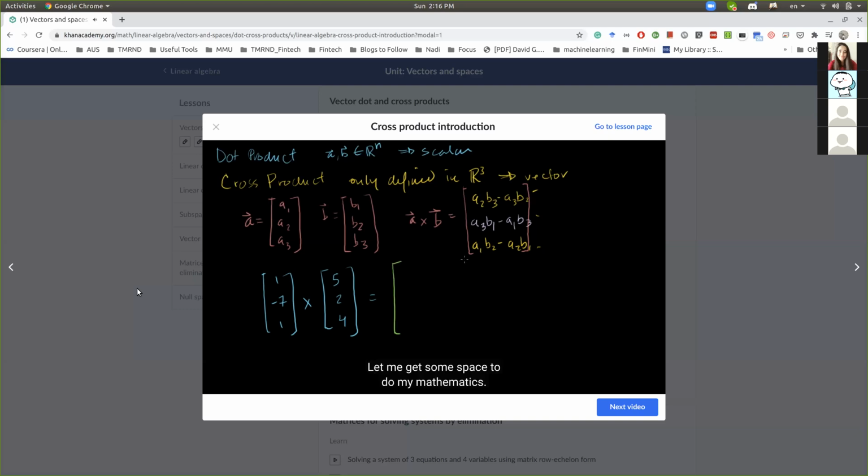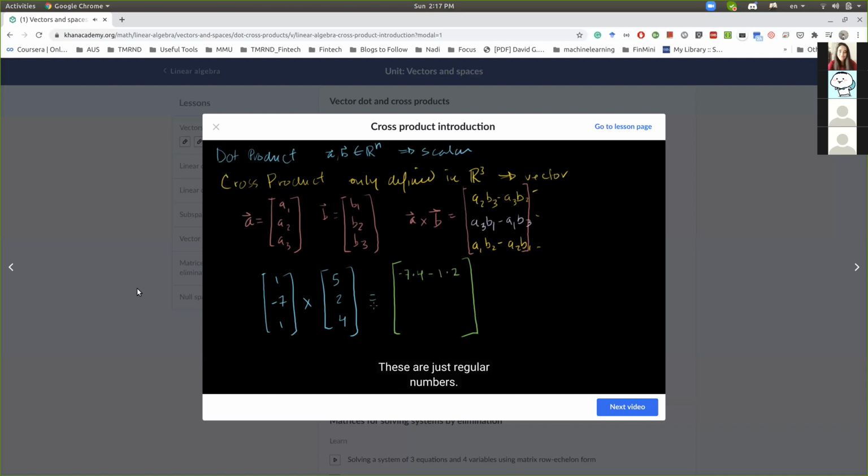Let me get some space to do my mathematics. For the first component, we ignore the first components of these vectors, and we say minus 7 times 4, minus 1 times 2. These are just regular multiplication. I'm not taking a dot product. These are just regular numbers.